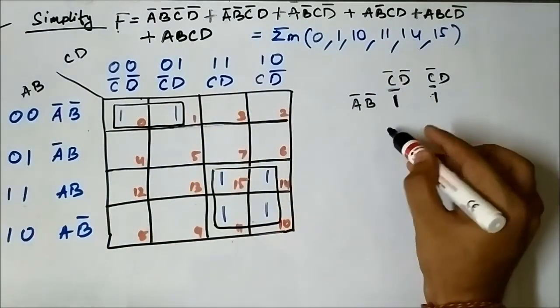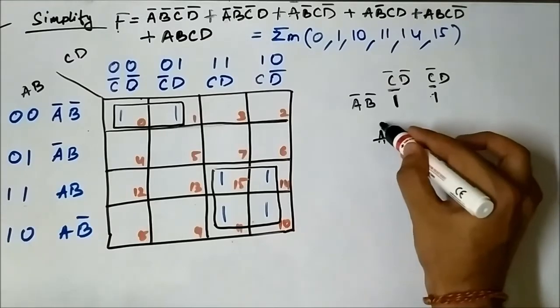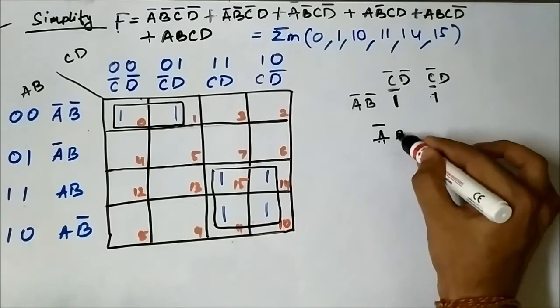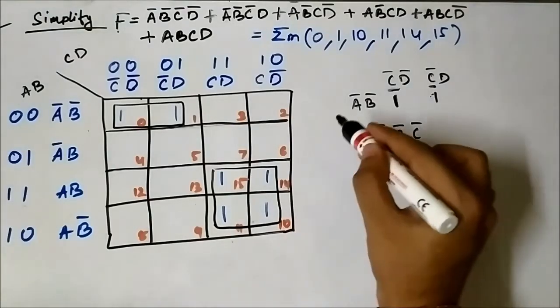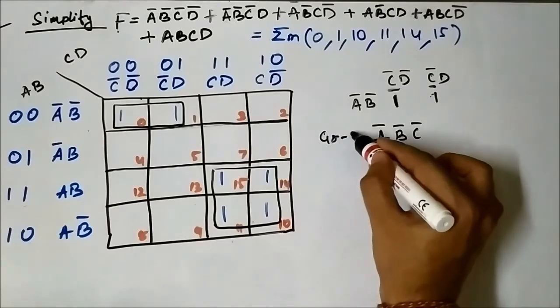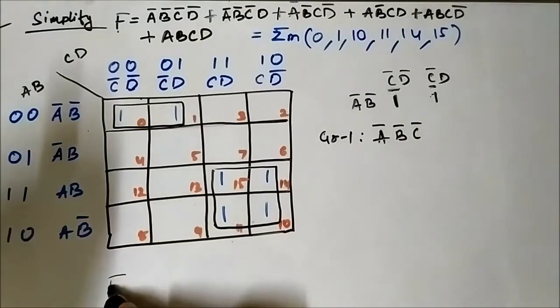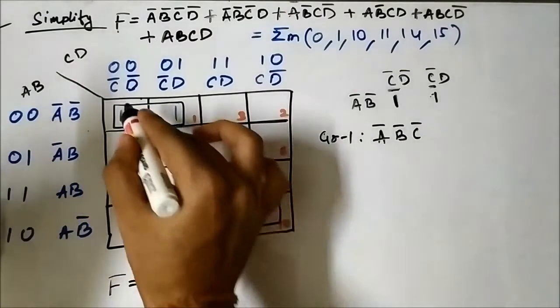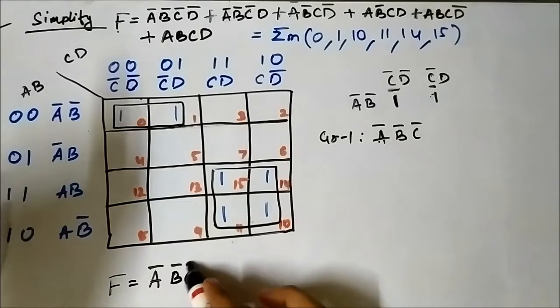So the common variables for group 1 are a bar b bar c bar. Let us write it down here: the pair gives a bar b bar c bar.